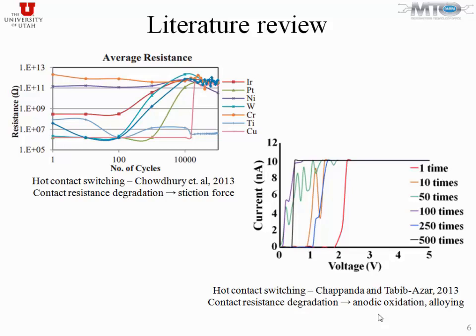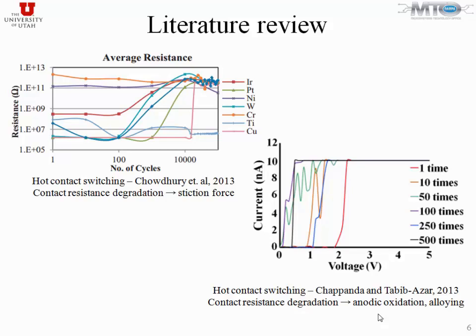This is the contact resistance, and this is the IV characteristics of these switch type structures. And you can see that there is a large variation in the stiction force, which determines the clamp down. So you're turning it on, and then when you go back, it turns off at a different voltage.